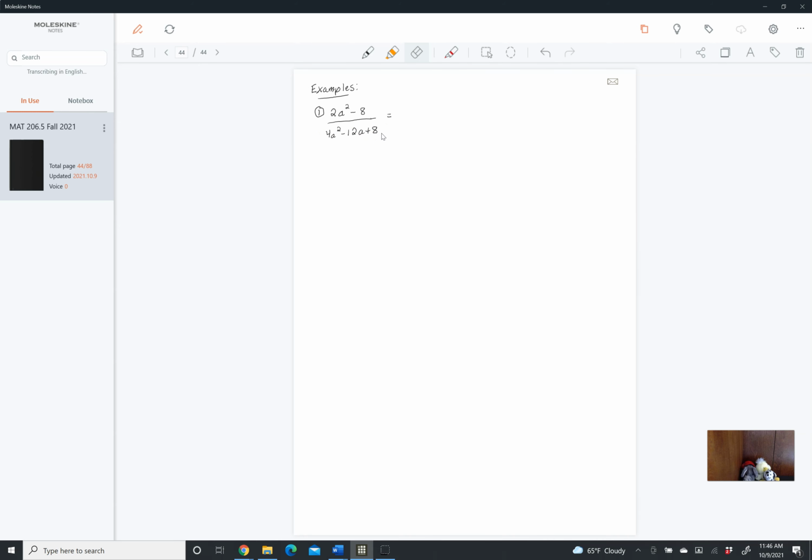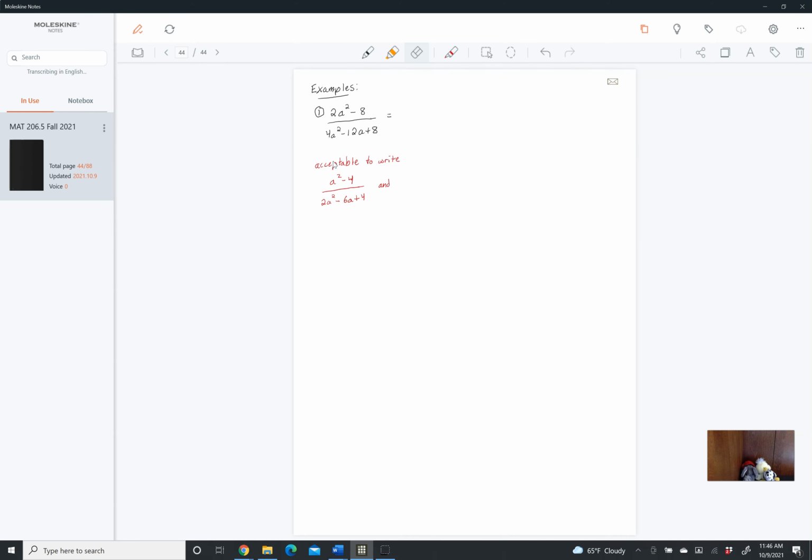I'm actually going to do it in a slightly different way just so that you can see what's going on here, okay? So it would be perfectly acceptable to write a squared minus 4 over 2a squared minus 6a plus 4.